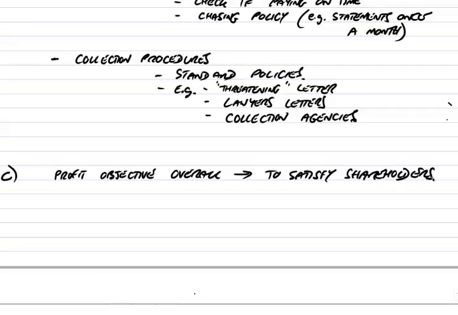On the other hand, and certainly more concerned with working capital, the liquidity objective. We need that objective, basically, can we pay our bills?